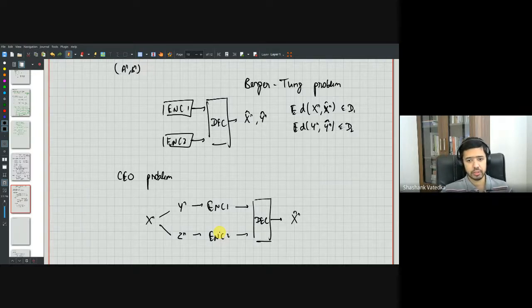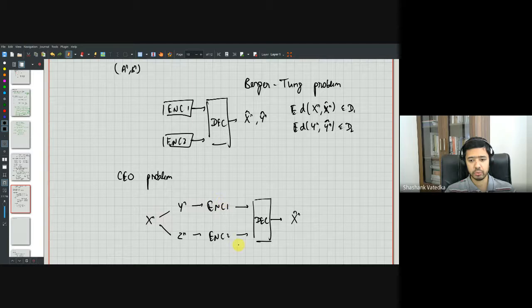All right. So this was just some extra information. There are many such multi-terminal problems that have been studied, and each of these arises from certain practical applications. So once again, if you think about the distributed sensors problem, it could be that you have some particular parameter that you're really interested in estimating.